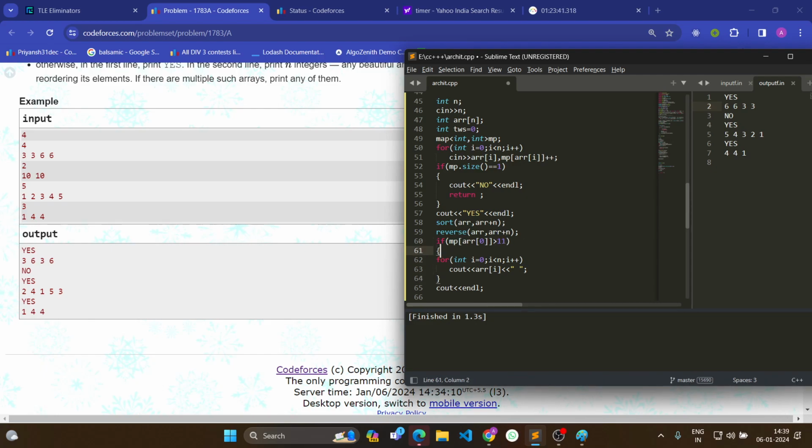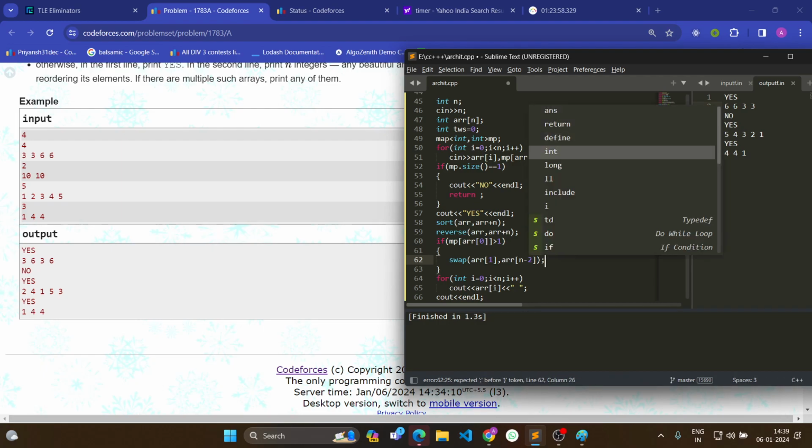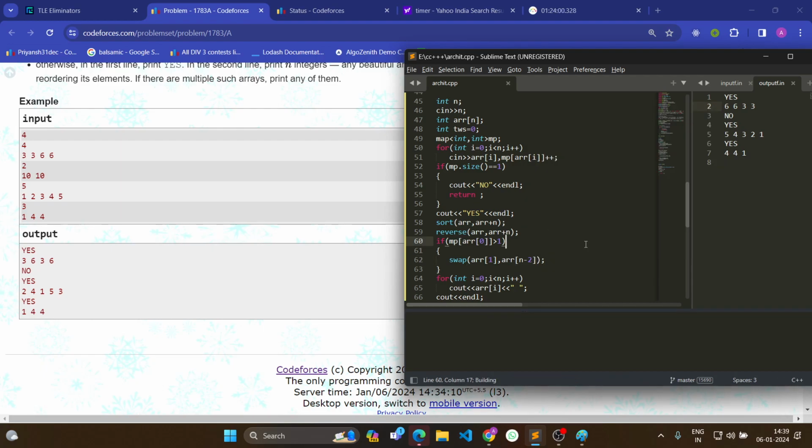Let's say if it's greater than 1, then what I will do is let's keep the first element intact and just swap ar of 1 and ar of n minus 2. N minus 1.